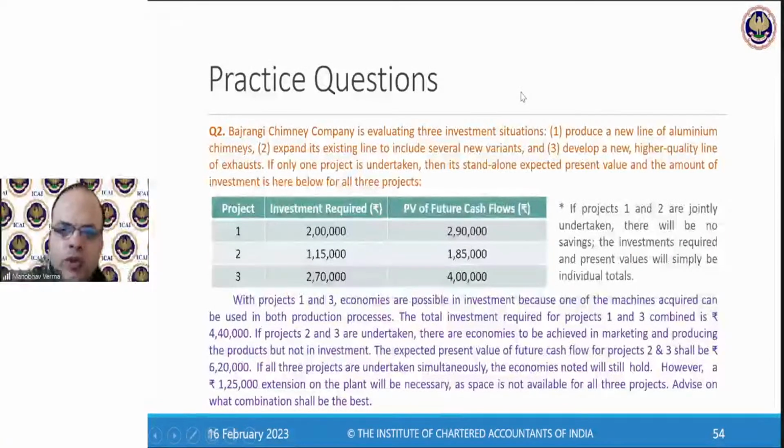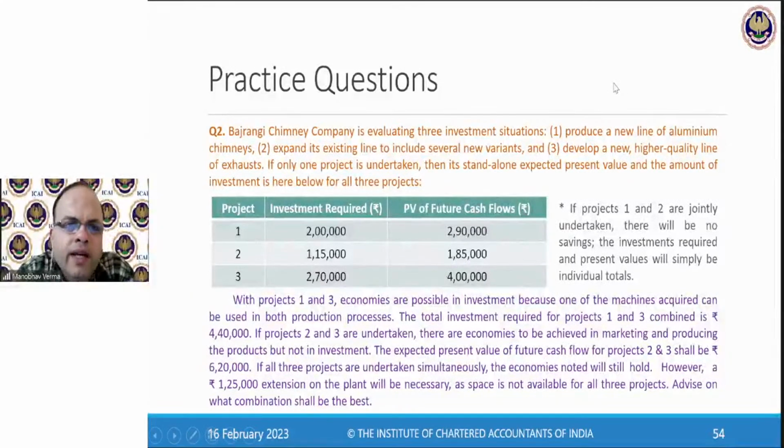Okay, so the next question is one of my own favorites, and I want everyone to be very careful here. Ironically, this is not testing you on too much of present value scenarios, but this question will test you in terms of your analytical skills, right? This question pertains to not Bajrangi Bhaijan, but we are looking at a Bajrangi Chimney company here.